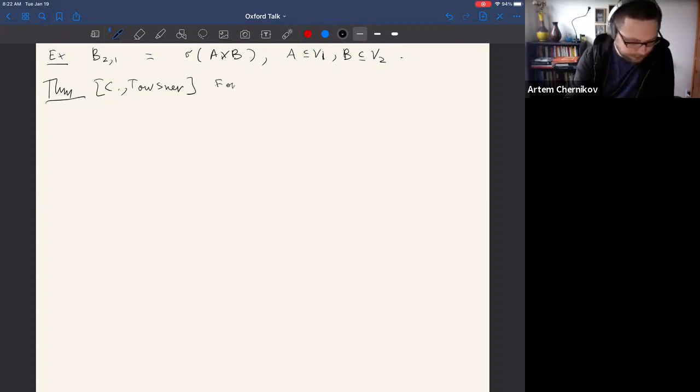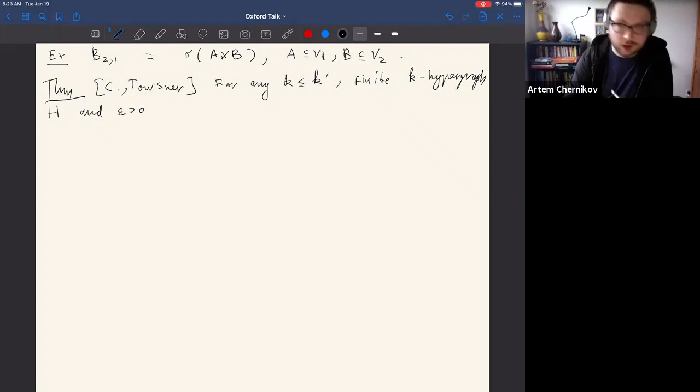For any k less or equal than k prime, so we fix these two arities, any finite k-hypergraph H and any real number epsilon bigger than 0, the error term, there exists some natural number n depending just on these parameters, n of H, k, k prime, epsilon, which satisfies the following.